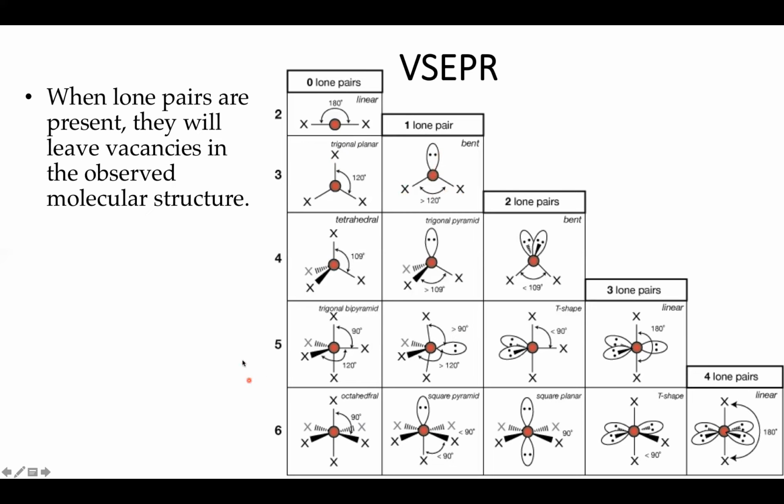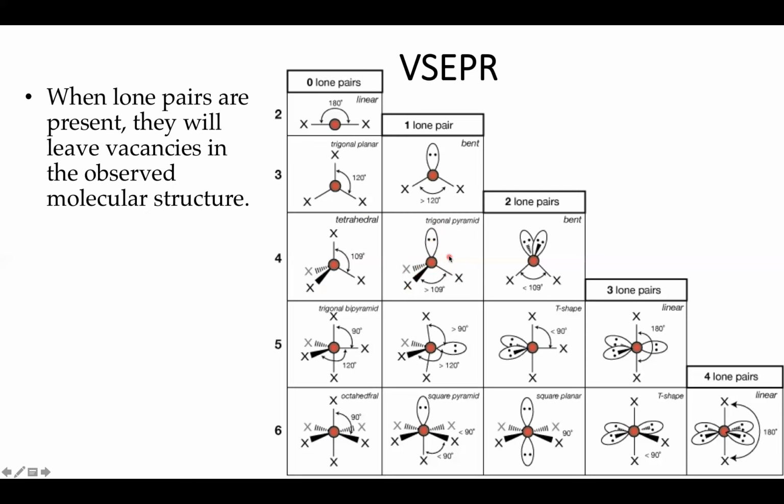Now, what happens if I've got 4 electronic domains? Then, if I have no lone pairs, my molecular structure is my electronic structure, I'm tetrahedral. However, if I have 1 lone pair and I only have 3 adjoining atoms, then I don't see this top part, and so I still have this trigonal structure, but it isn't planar.